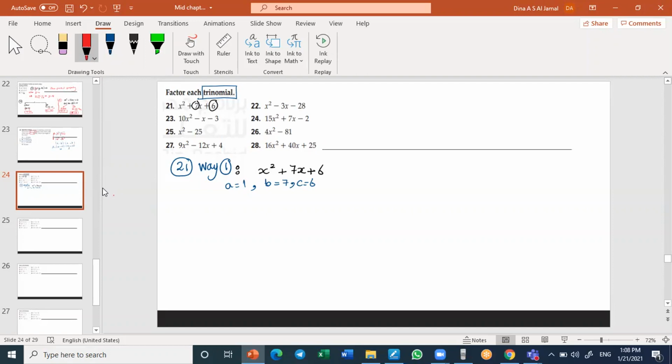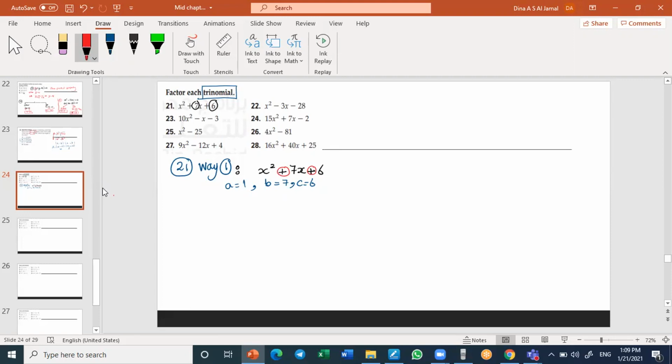And if I add them to each other, they will give me the sum of 7, which is B. Now let's look at the signs. Here I'm having positive and positive. That means the signs are the same and both will be positive.